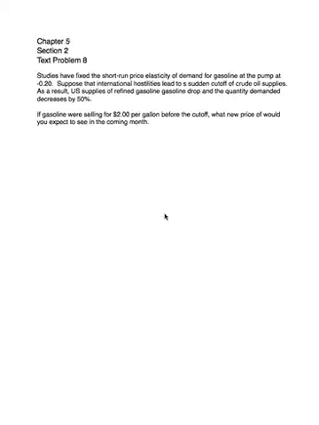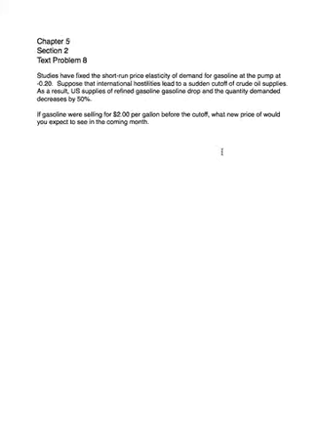So we are in Chapter 5, Section 2, and this is text problem 8. Studies have fixed the short-run price elasticity of demand for gasoline at the pump at negative 0.2. Suppose that international hostilities lead to a sudden cutoff in crude oil supplies.